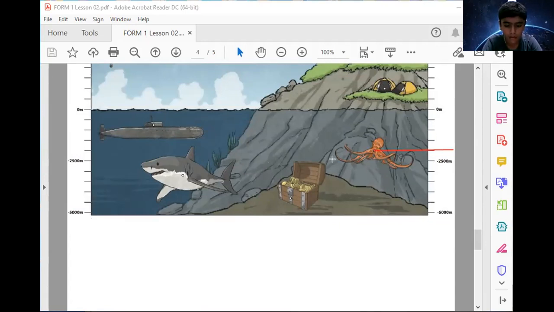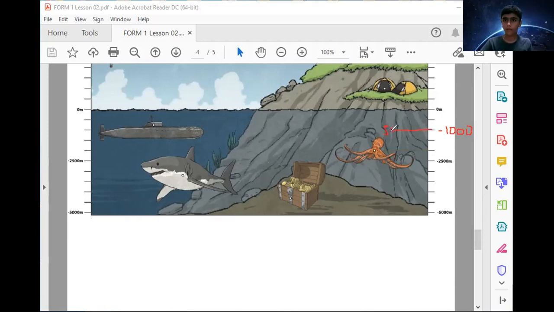Oh, this is the octopus. Oh, jellyfish is a new discovery, right? Oh, yes, that's right. Negative 1000, is it? Okay, so negative 1000 is here. This is negative 1000. So your jellyfish is here, right?